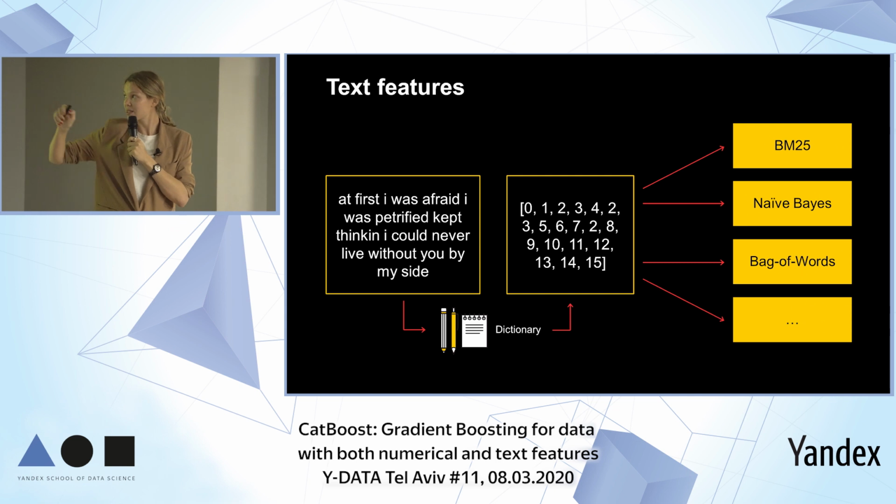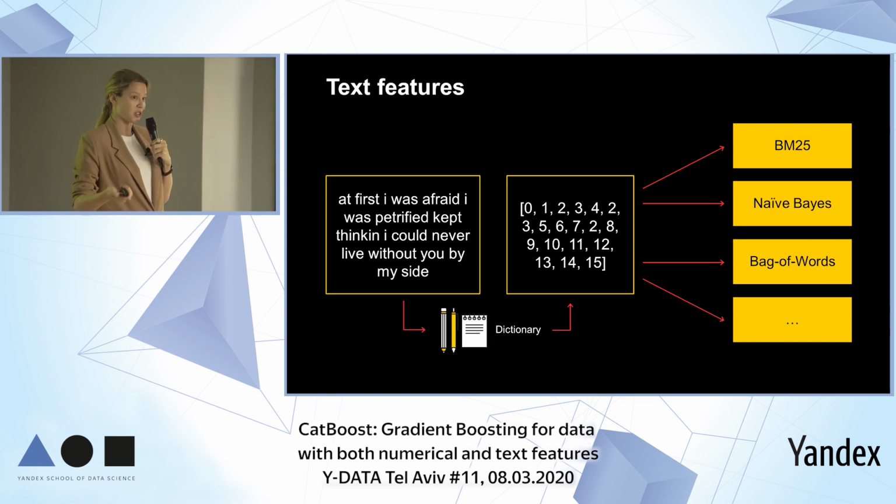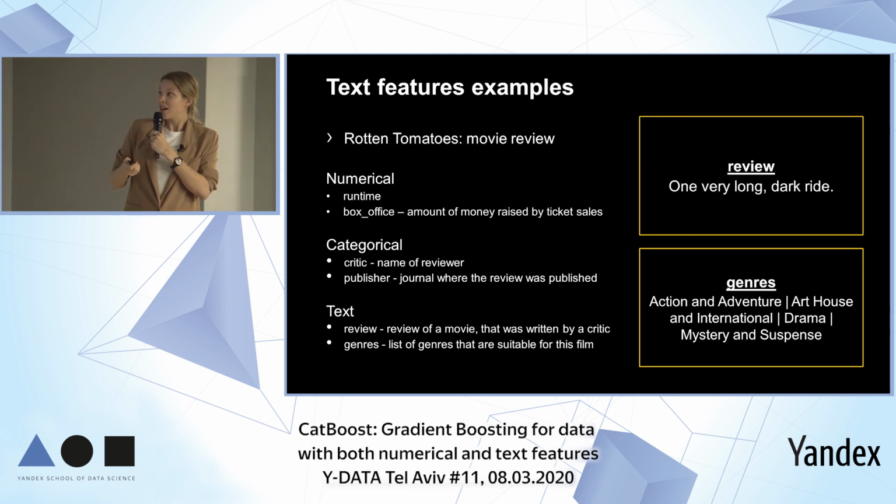Well, we have our text, and we extract from this text the words, and based on these words, we calculate a set of numerical features. Like with categorical features, we had a categorical column. Instead of the categorical column, we have new numerical features. Now, instead of text column, we also have new numerical features.